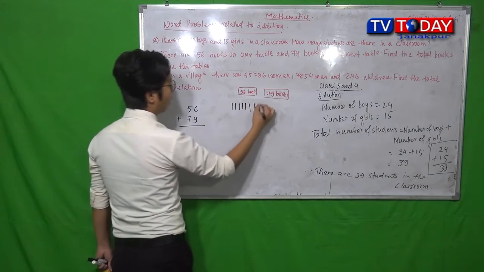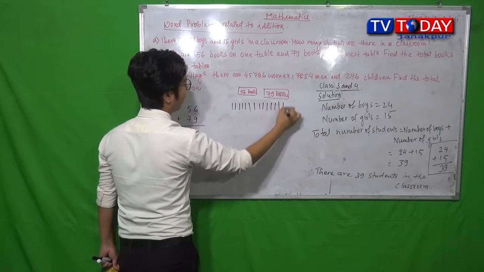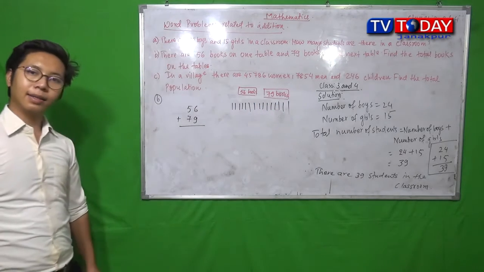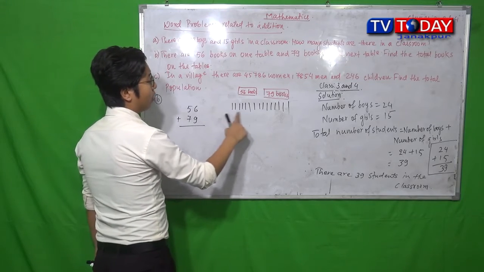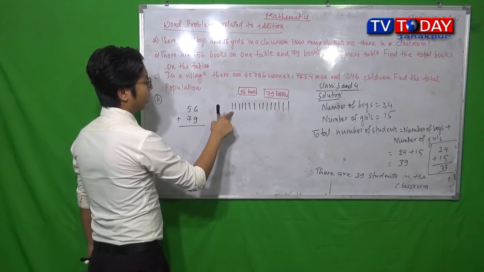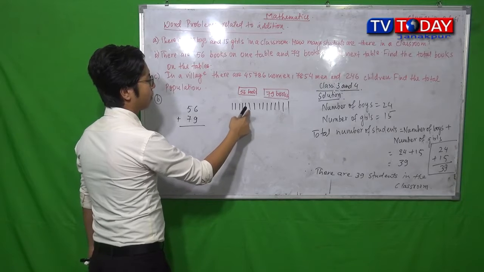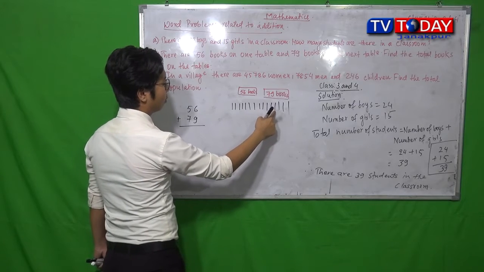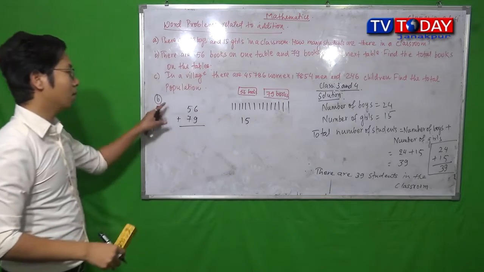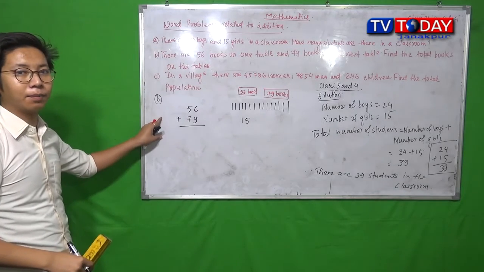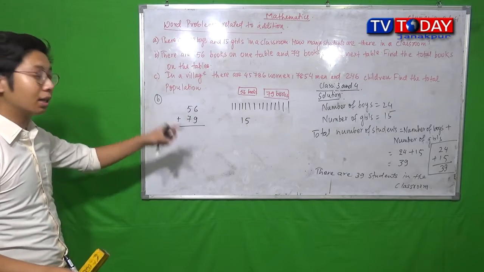Here is 9: 1, 2, 3, 4, 5, 6, 7, 8, 9. Understand? Then count all of the sticks. What will you get? 15. So, I think this is the problem of what? Carry. Problems related to carry.